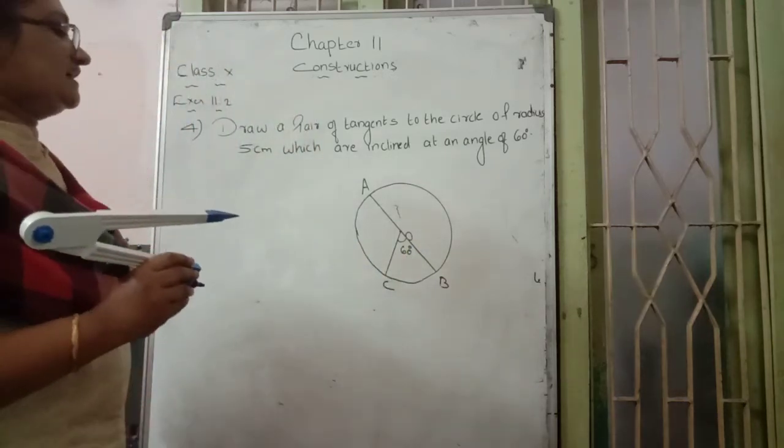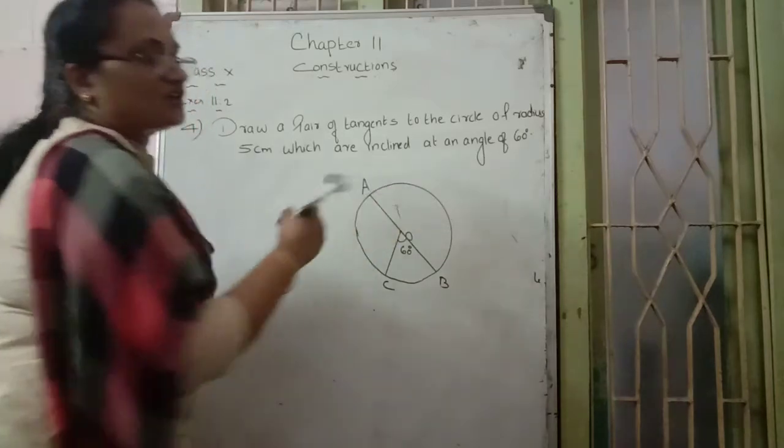The next procedure: we want two tangents for this circle.